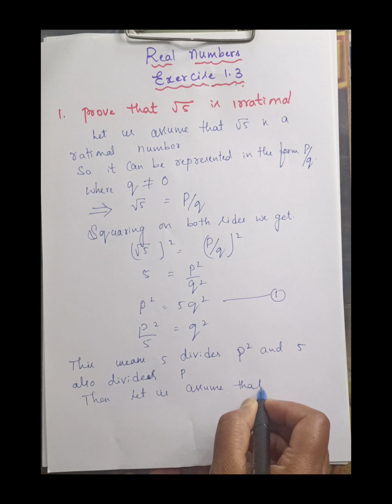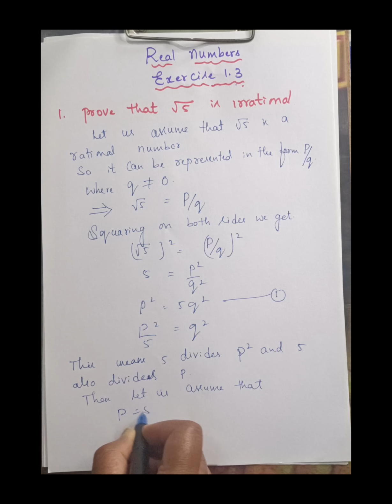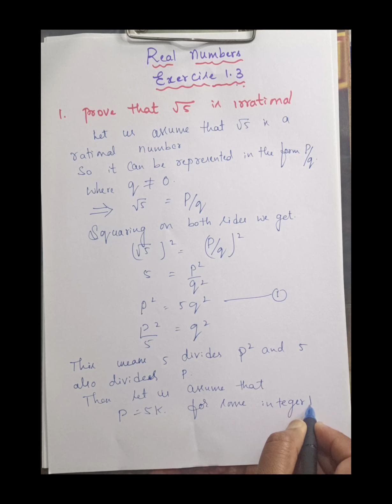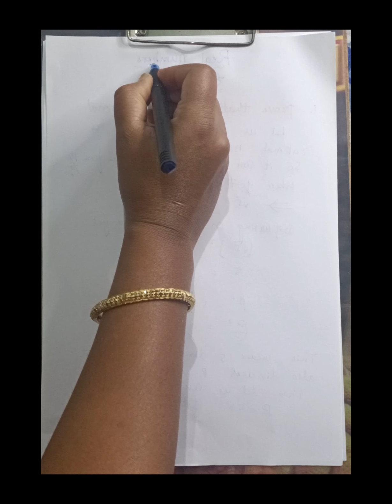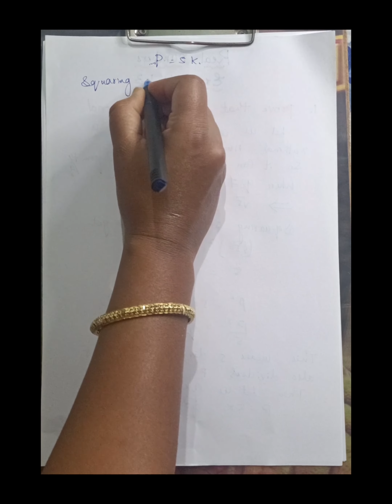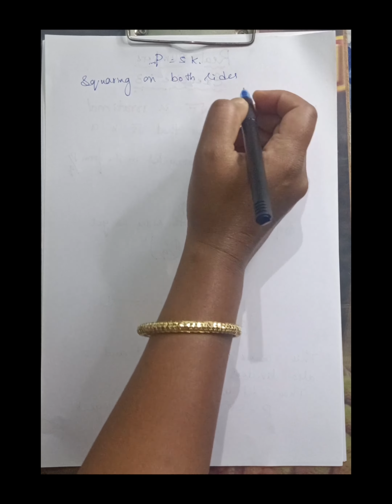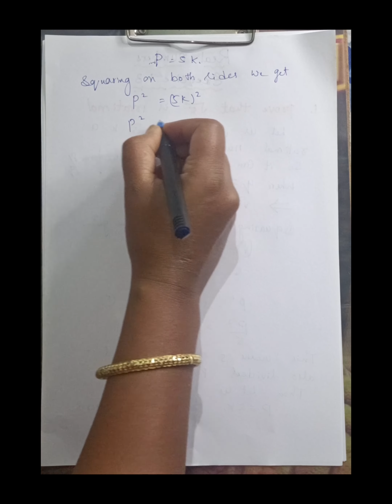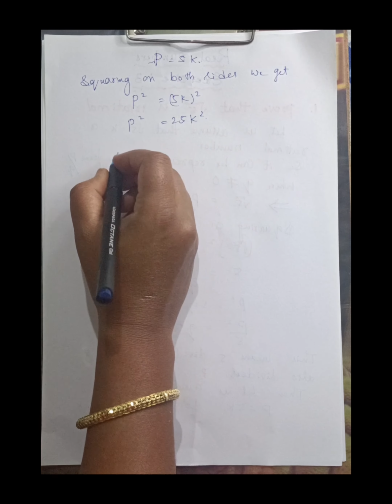Thus, let us assume that p is equal to 5k for some integer k. By squaring on both sides, we get p square is equal to 25 k square.